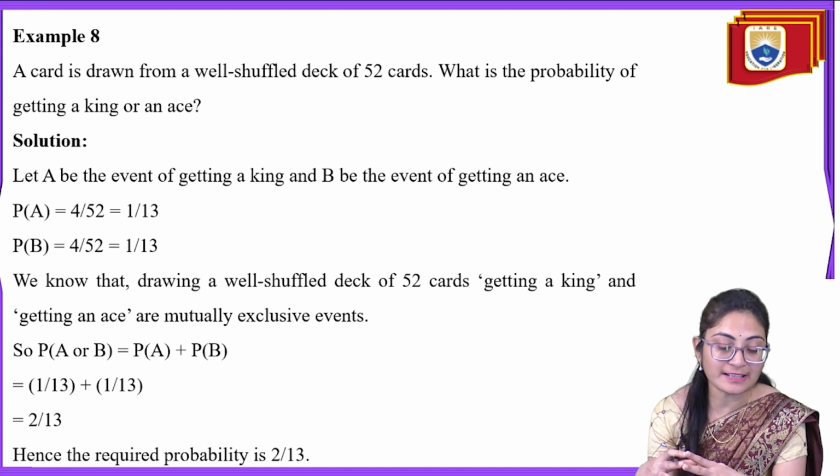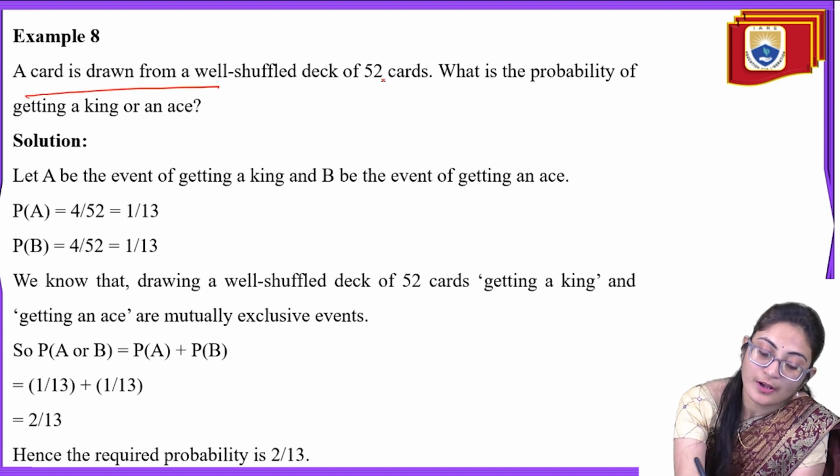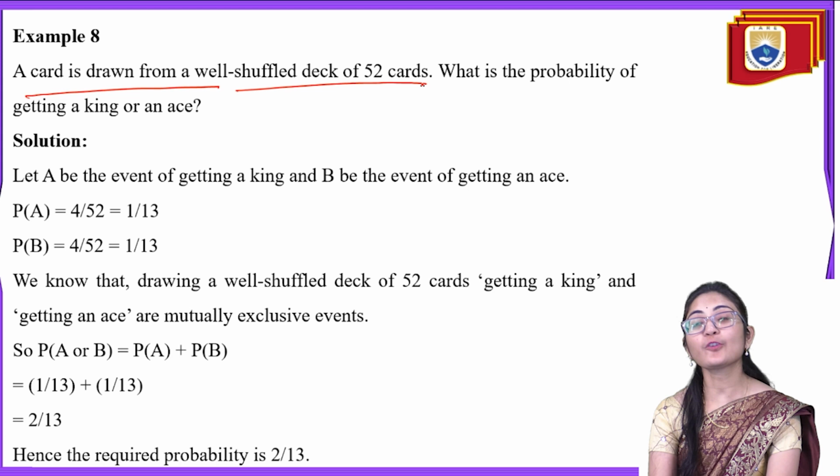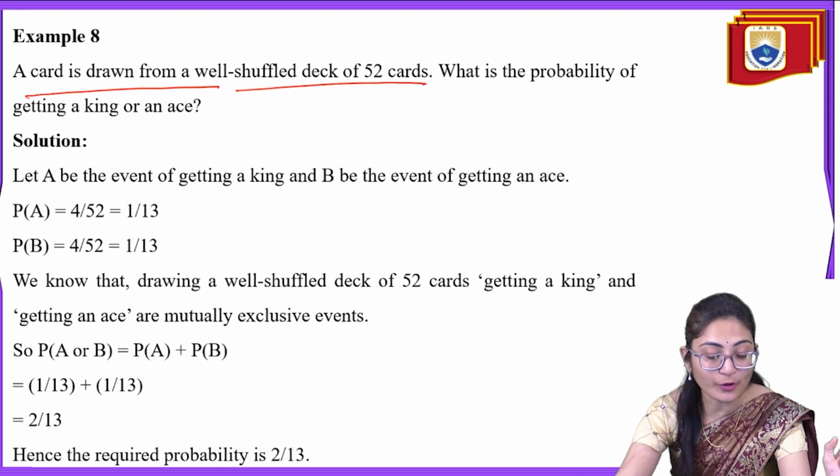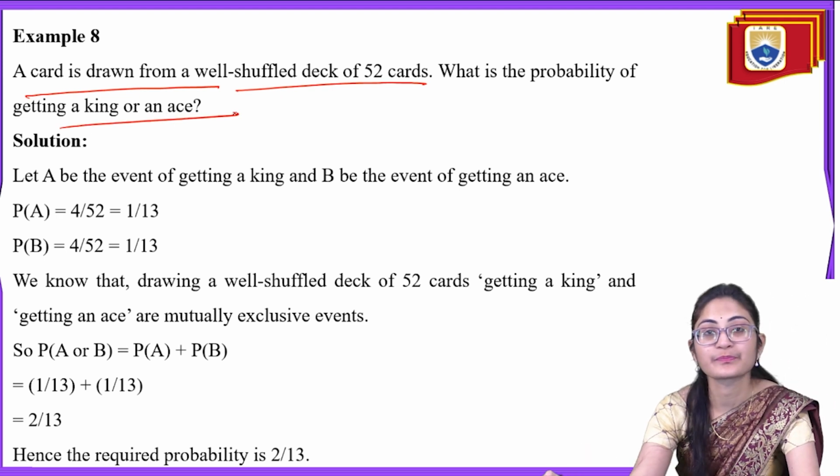Now the next example is that a card is drawn from a well shuffled deck of 52 cards. Now we have to find the probability of getting a king or an ace.